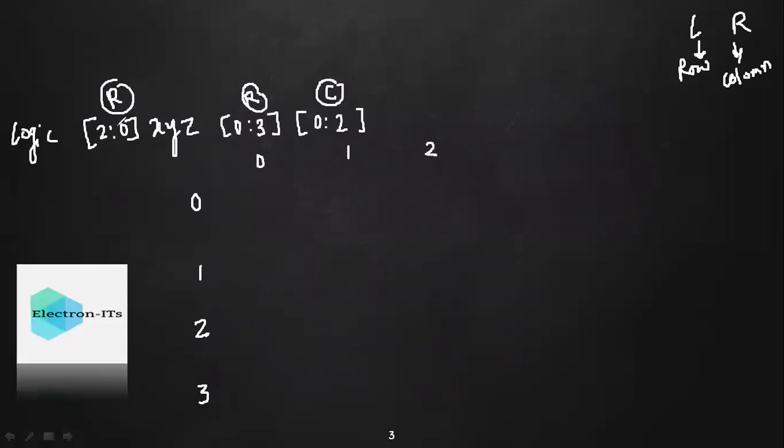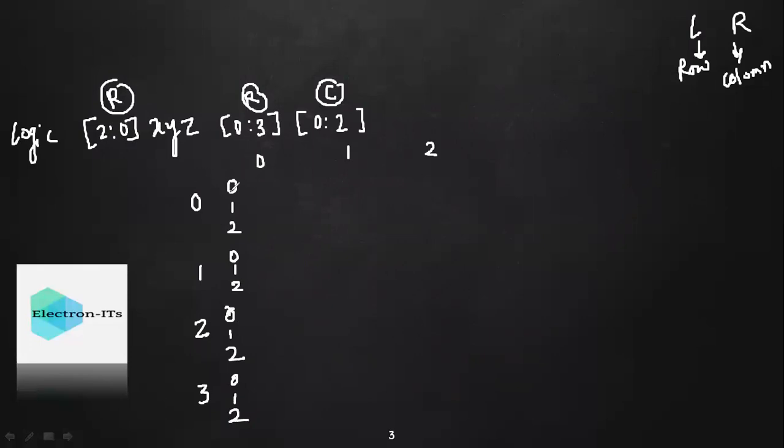Now you have to focus on the packed size, packed array. So again there are 2 1 0 means three rows. So for every initial row we have written, there will be three rows: 0 1 2, 0 1 2, 0 1 2, like this.